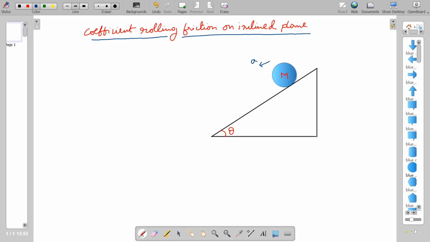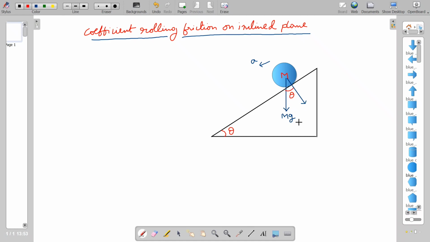Here, the weight of the rigid body acts downward, that is mg, and this weight makes an angle theta with the horizontal.